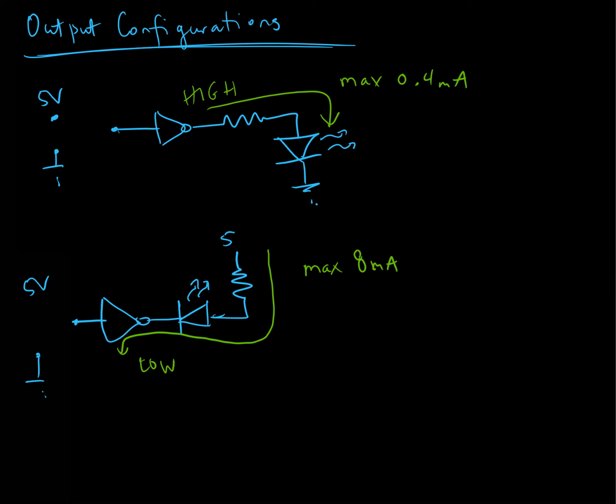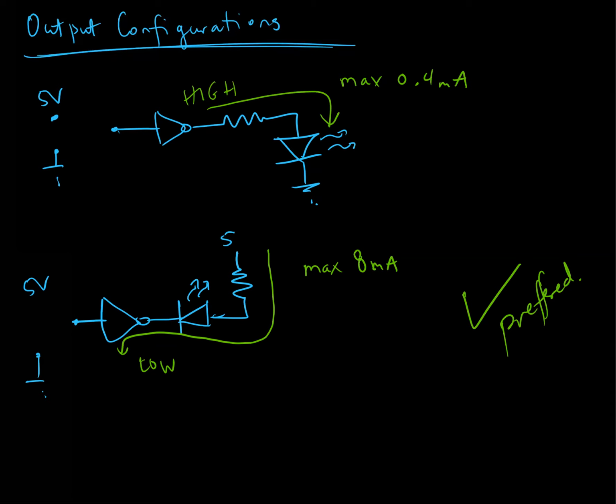So if we continually try to drive an LED with our gate, it's probably going to try to pull too much current and eventually could burn your chip. So the better option is to sink the current with the chip using the second option. So this is the preferred option.